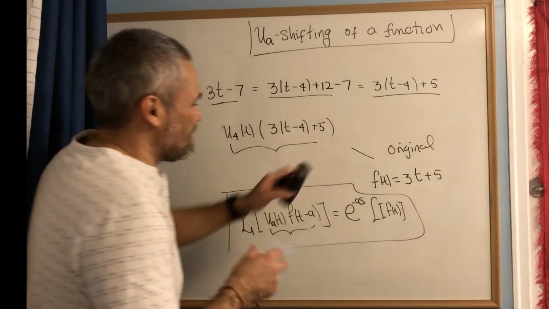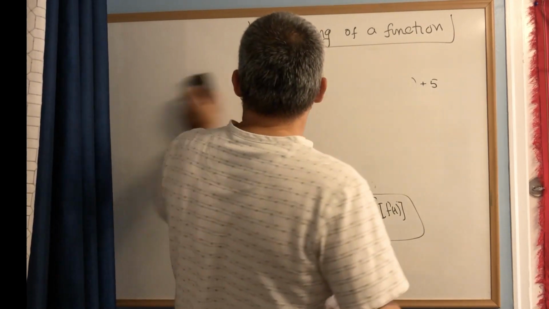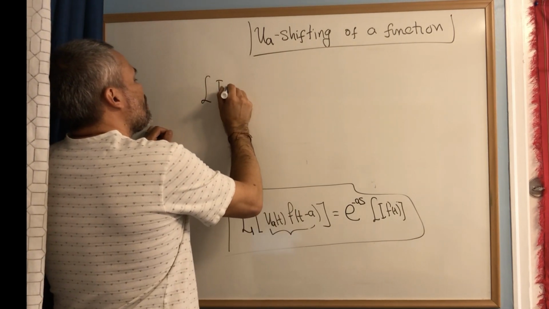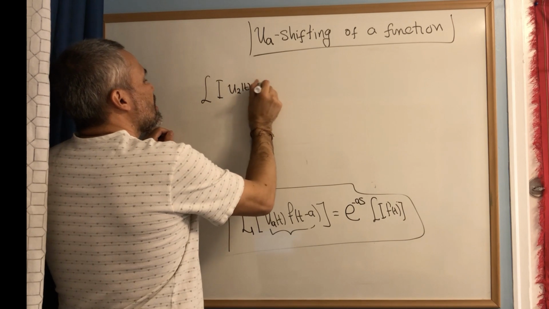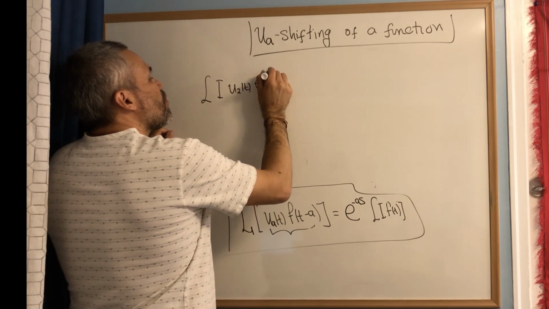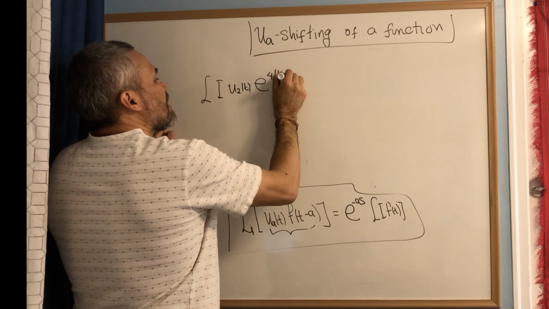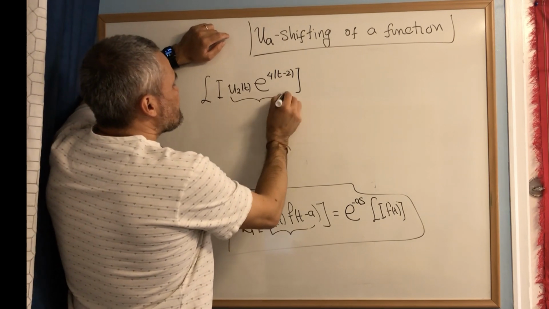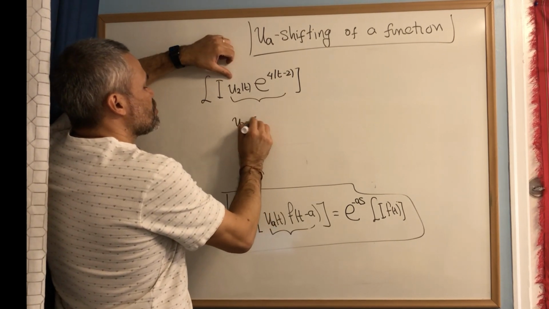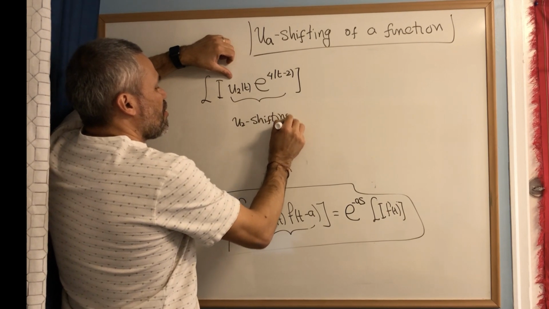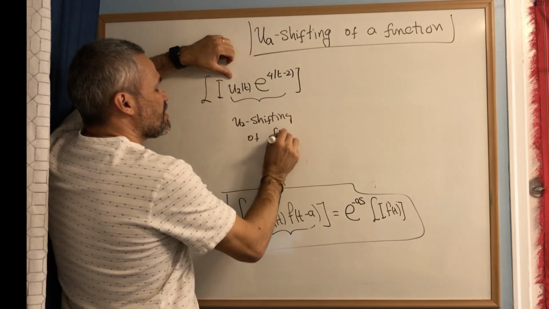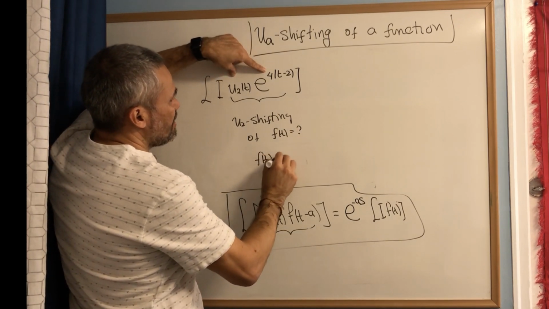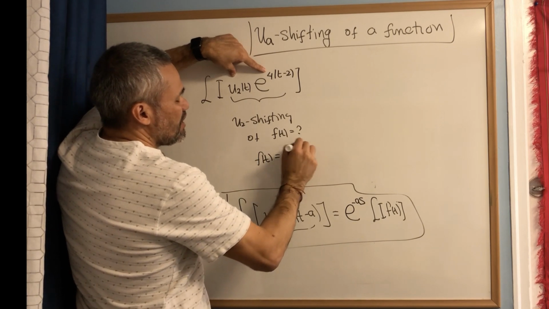Maybe let me just do an example of this. For example, the Laplace transform of u2 of t e to the 4 times t minus 2. We notice that this is the u2 shifting of what function? What is the original function here? The original function in this case is f of t equal to e to the 4t, right?